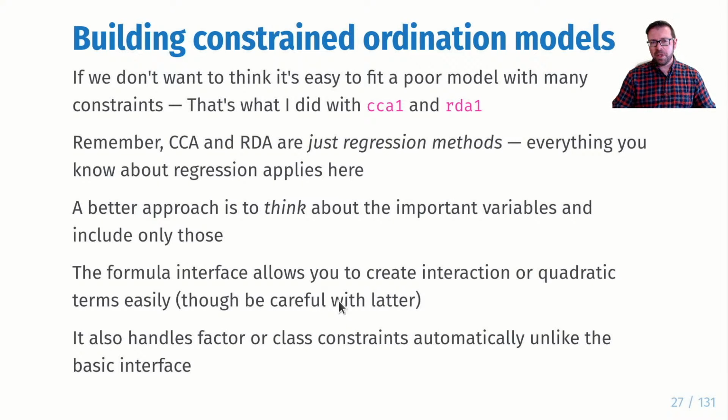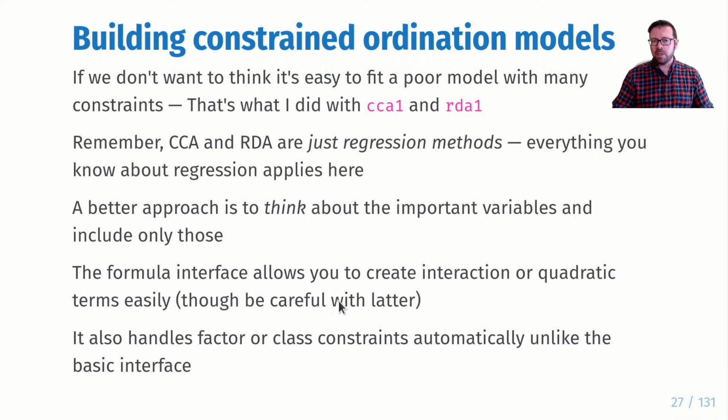And so you shouldn't just go and throw all the variables into a regression model, and in the same way, you shouldn't just go and throw all the variables into a constrained ordination. There are several reasons for that, partly because not thinking allows the computer to take control, and that's probably not a good idea. You've got to think about whether your variables are correlated and what have you. But there's another problem in these constrained ordinations, and that's you can only have as many constraints as you have sites or species, whichever is the smaller, right?